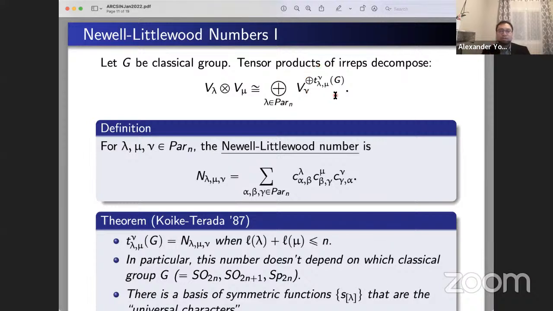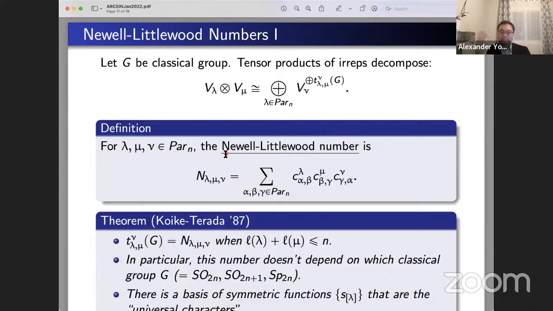And of course, we can ask how you compute them, and when they are non-zero. There are a lot of answers to this question that I hope to explain in the context of what we're doing. For example, experts will know that there are Littelmann path model crystals that allow you to compute this in great generality. However, I want to go back to something a little bit simpler than the path model.